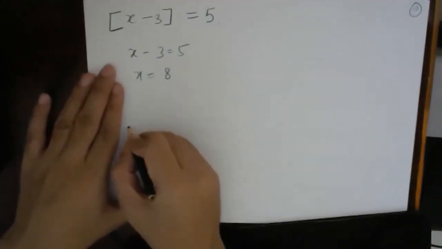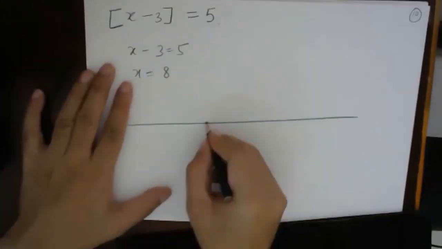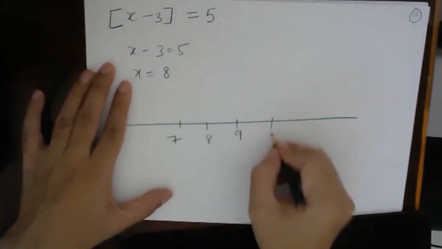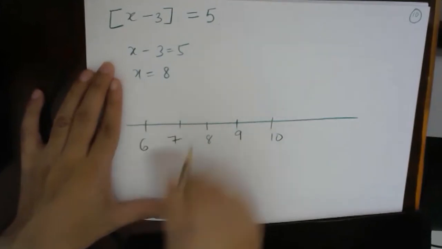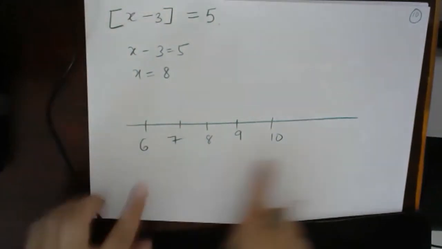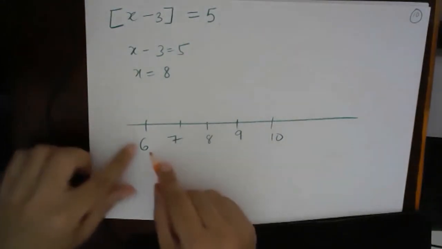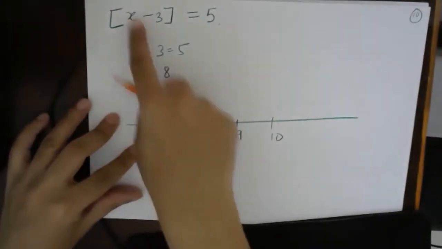So I will draw a number line: 8, 7, 9, 10, and 6. I have written some integers around it. Let's start substituting values of x.